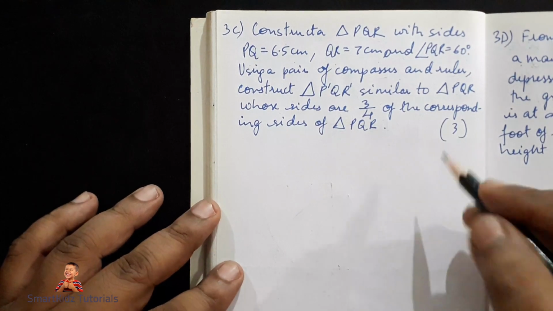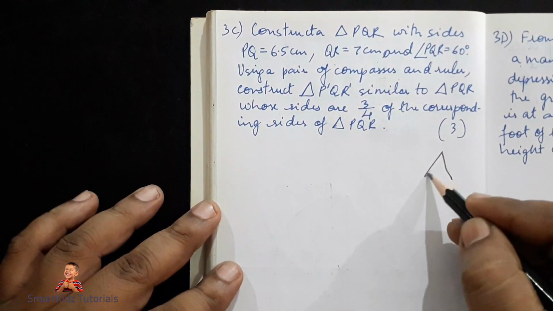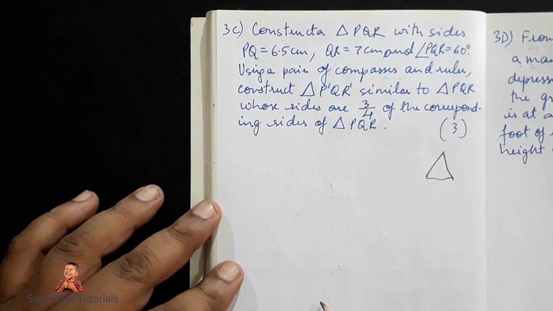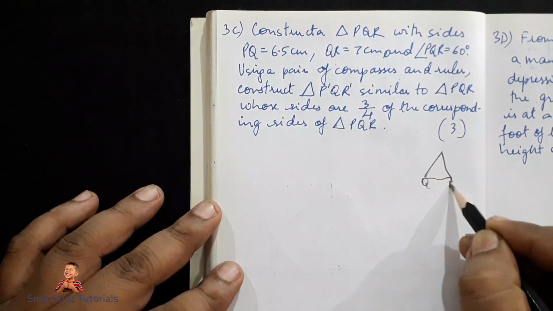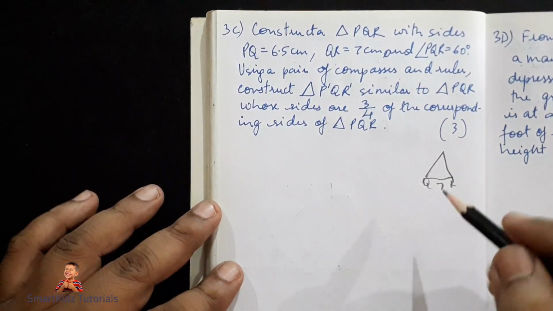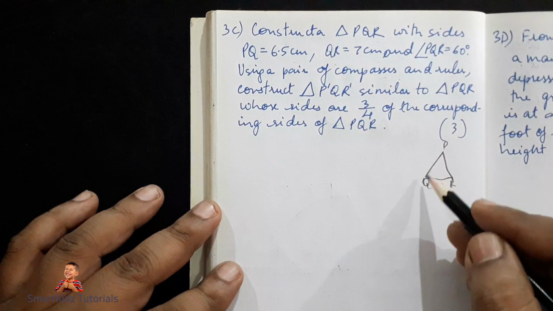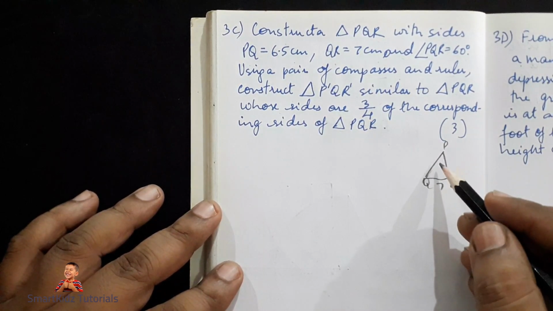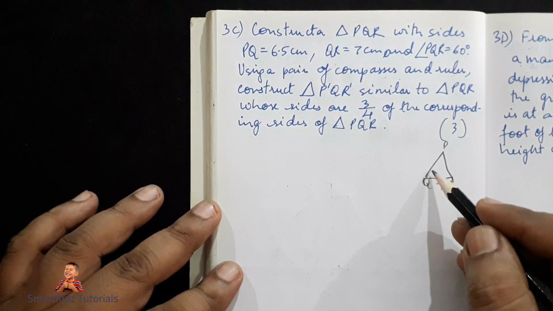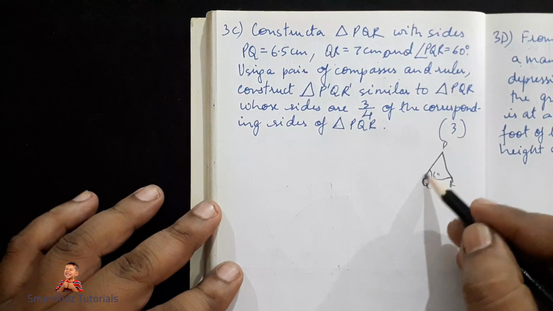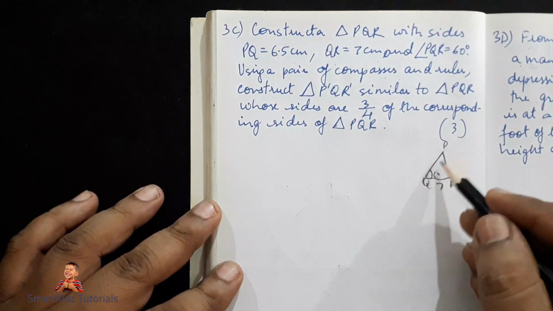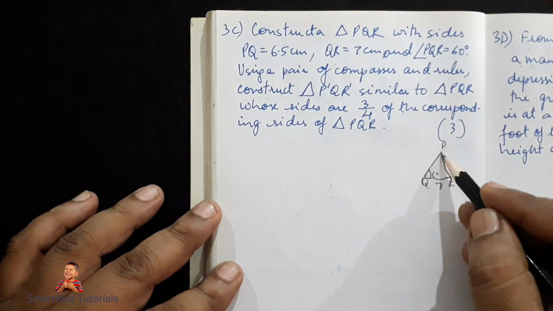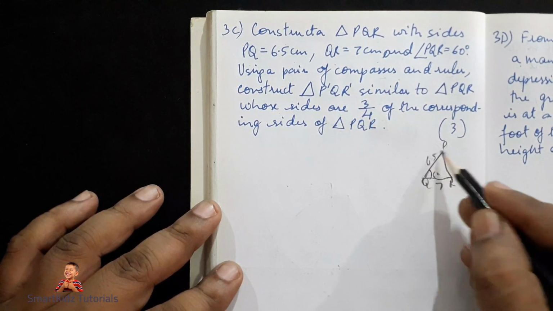So in other words, you will have to draw a triangle first, okay, like this, in which your QR will be 7, then you have your PQ, P will be here, so PQ will be 6.5, but before you draw PQ, you'll have to construct 60 degrees, and then you'll be drawing a line and then cutting that line at 6.5. So this is 6.5.